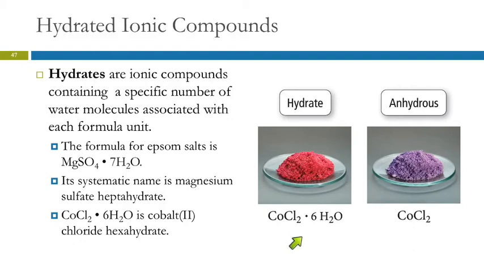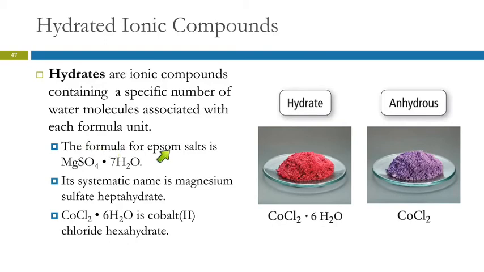So the names for these, you name the ionic compound the regular way, and then there's a dot, which does not mean multiplication. Okay, that does not mean multiplication. It just means that these two go together. There are 6 waters, so we use a prefix for 6, which is hexa, and then hydrate for the water.